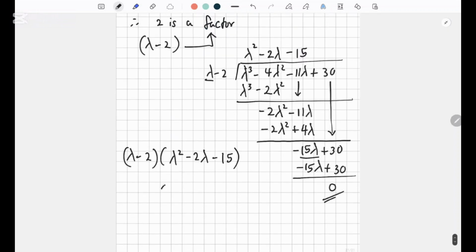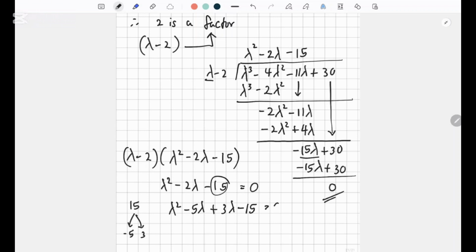So now we factorize lambda squared minus 2 lambda minus 15 equals 0. We have to find the factors of this. So what factors of 15 give minus 2? Minus 5 and 3, right? So you can write lambda squared minus 5 lambda plus 3 lambda minus 15 equals 0.